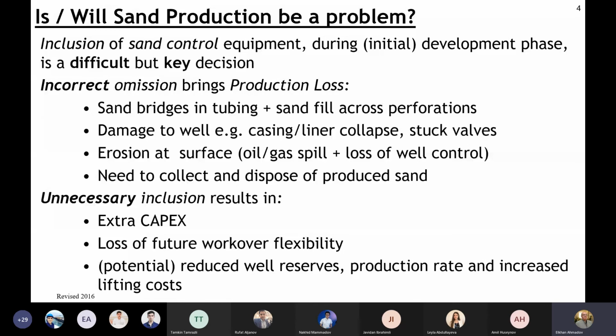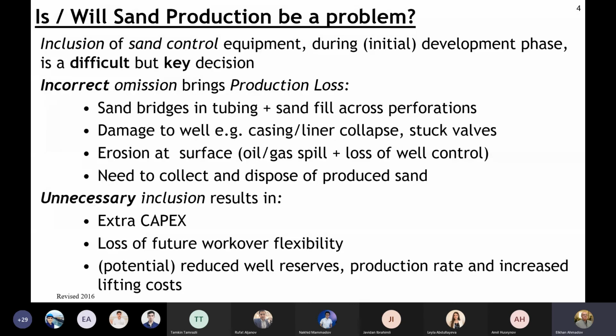Or it might be difficult or impossible to monitor the well production with PLTs or other equipment to run into the hole, to go through the producing intervals to see which interval is producing more or less. And also any sand control equipment is an obstruction on the production flow, and therefore it will potentially reduce the well reserves.